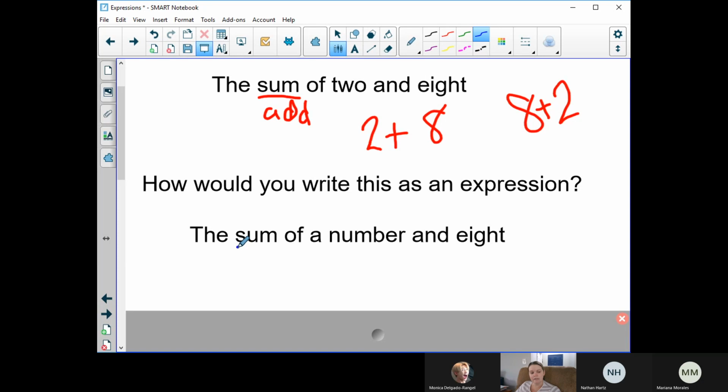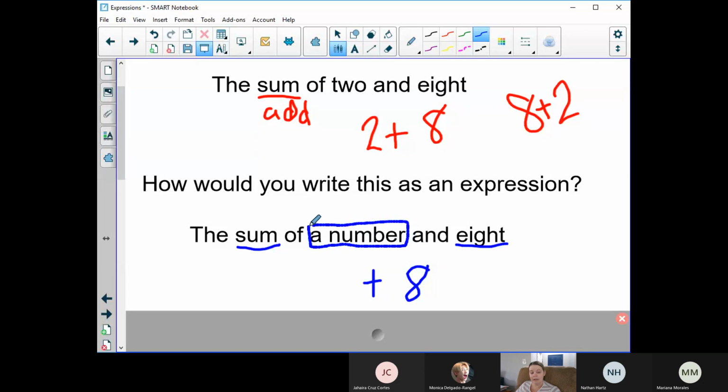Okay, well, we know the word sum again is going to tell us to add. We know that it's going to have the number 8 in it. This part right here where it says a number, we don't know what that number is yet, and that's probably why you used a question mark, Nathan.